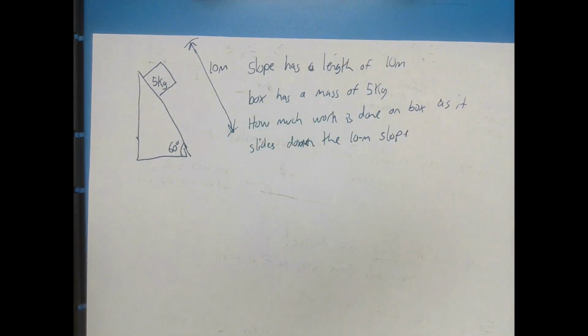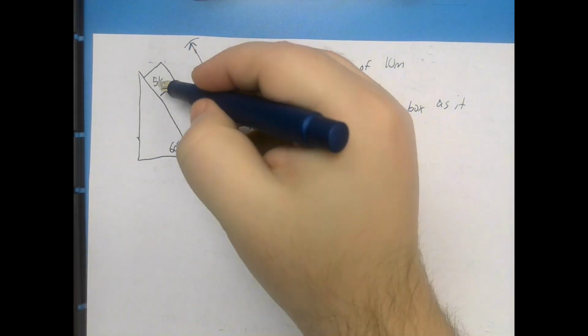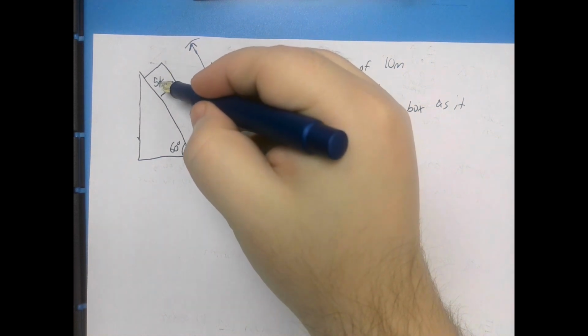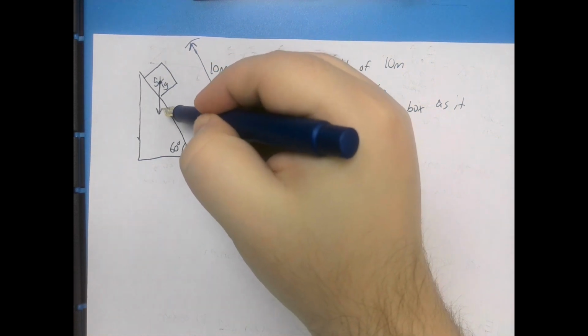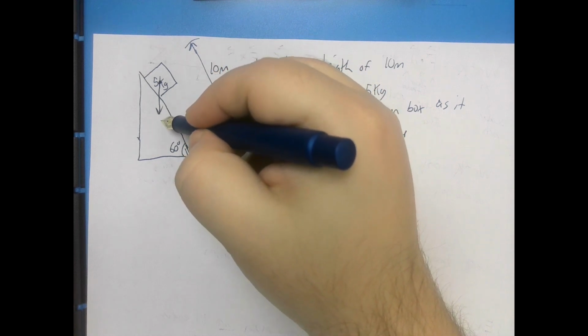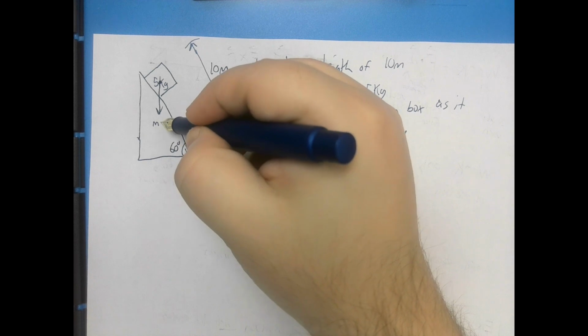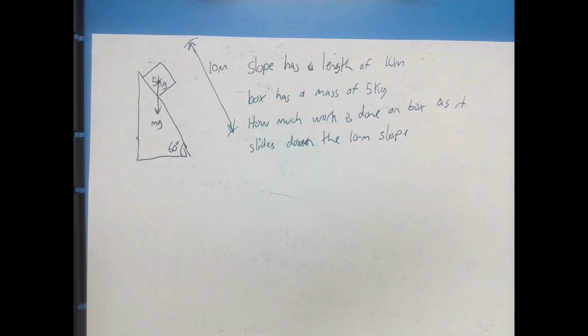So we need to ask ourselves what forces are being applied on the box. Again, we'll ignore friction. There is only one force on the box, or I should say one main force acting on it. This would be gravity, mass times acceleration due to gravity.